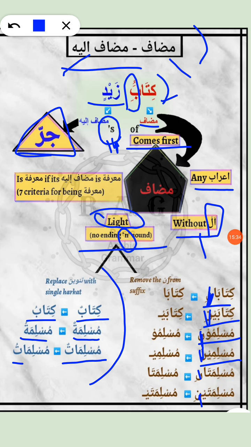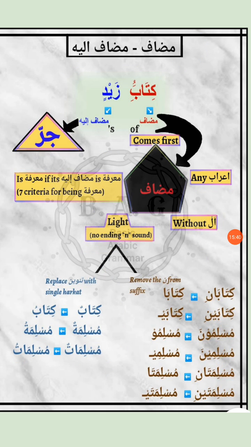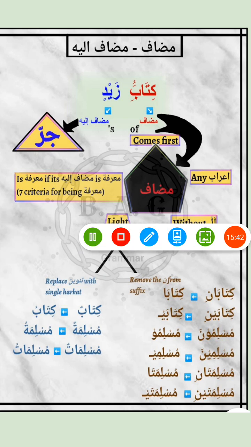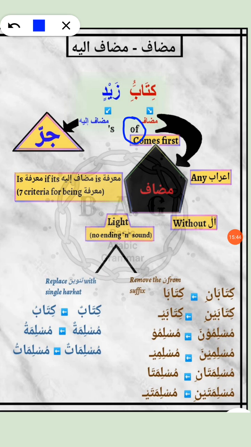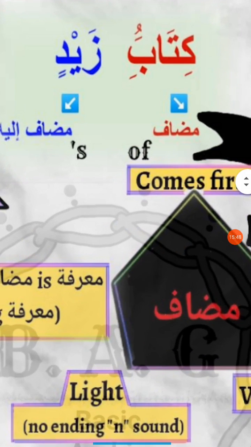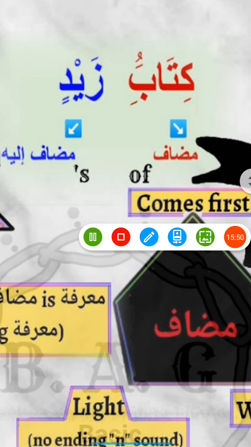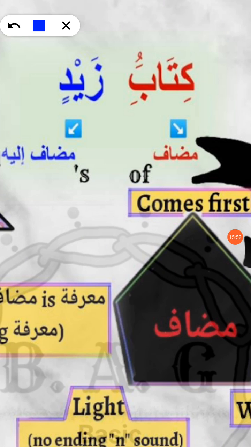Just as your musaf ilayh has an apostrophe s with it, the musaf has an imaginary little 'of' right next to it. That's how you can always say it. If you have the phrase Kitabu Zaidin, you can always visualize an imaginary 'of' right next to the musaf, and then it will become your translation tip.